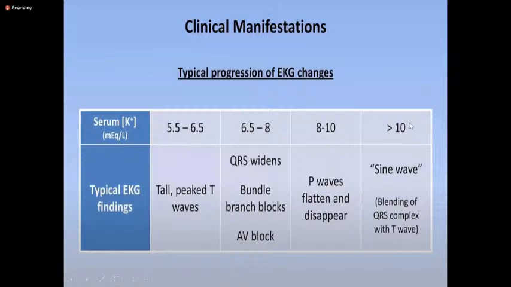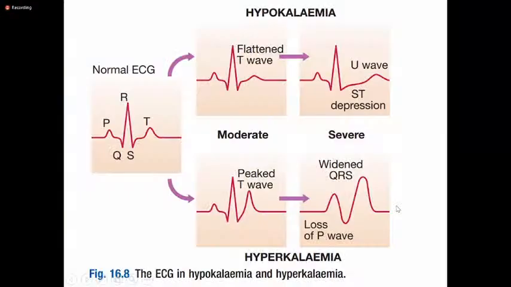This is not cast in stone. This is just to show you how the changes progress with worsening of the hyperkalemia until eventually you get what is referred to as the sine wave. But mostly it will start off with peaking of the T waves, then there's a widening of the QRS and flattening of the P waves, then eventually you get the sine wave.